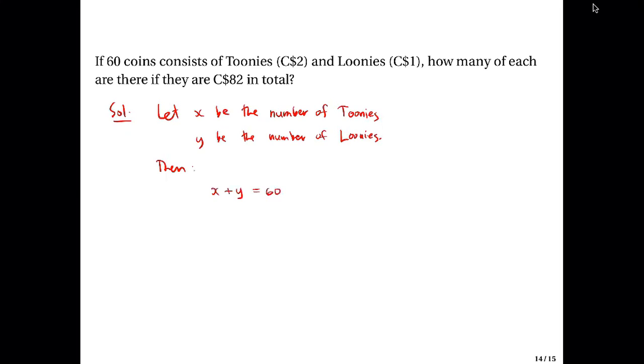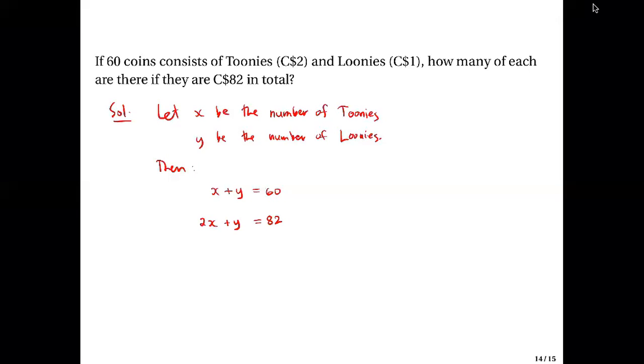This must be equal to 60. Furthermore, the total is $82. So x number of toonies, so 2 times x, plus y, the number of loonies. So 2 times x is the total amount for the toonies. y times $1 is the total amount for loonies. So if you add these two, we should get $82 in total.